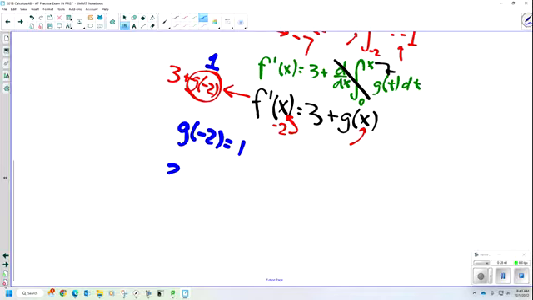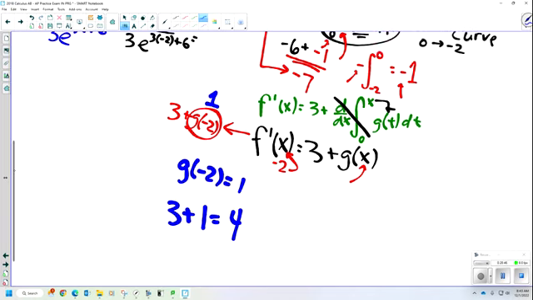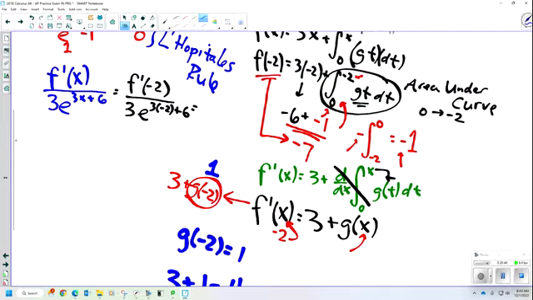So I have 3 plus 1, which is 4. It's a lot of work. That's the top there. This top here is 4. Over 3 times -2 is -6 plus 6. That's e to the 0. That's the same as 3 times 1, which is 3.